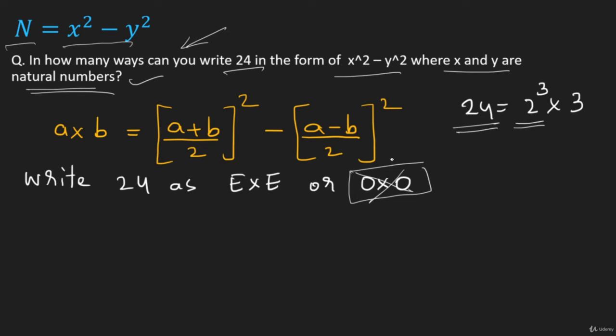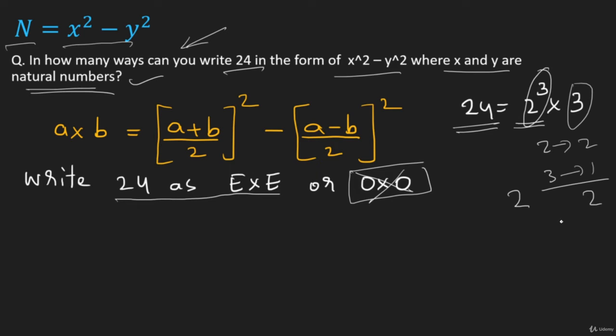So let's try to write 24 in all the different ways in which I can write it as an even number multiplied with an even number. Okay, now you can see that I have 3 2's over here and 1 3 over here. To do this, let me give 1 2 to both the factors that are involved. So I'll be left with 2 2's, right, and 1 3. Now it's about in what different ways I can distribute it to these two numbers, right?